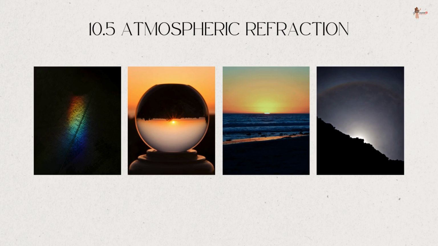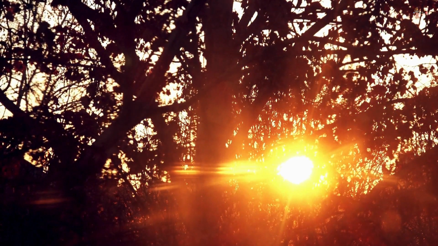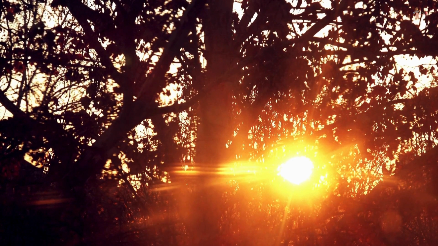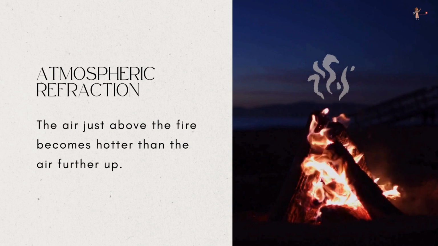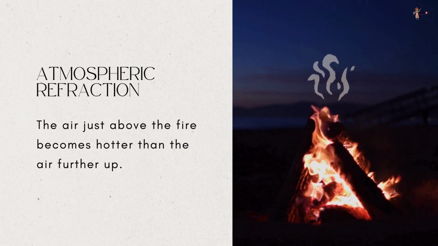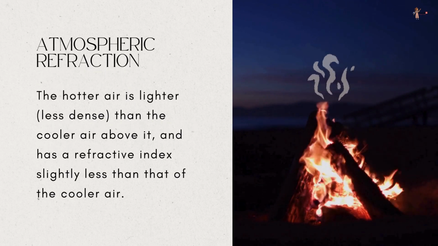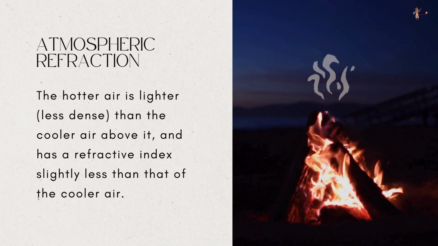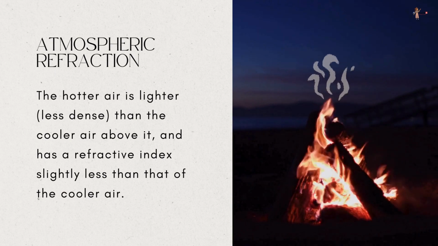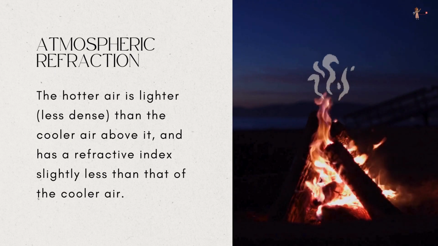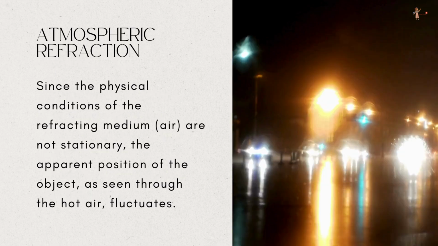Next is atmospheric refraction. You might have observed the apparent random wavering or flickering of objects seen through a turbulent stream of hot air rising above a fire or a radiator. The air just above the fire becomes hotter than the air further up. The hotter air is lighter than the cooler air above it and has a refractive index slightly less than that of the cooler air.